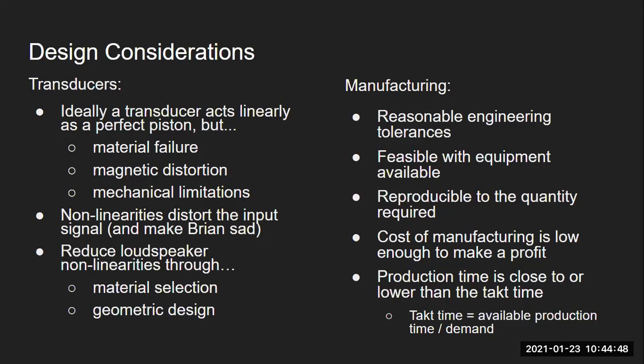That relates to takt time, if anyone here is familiar with industrial engineering: how much demand do you have, and can you produce that amount? If it takes 12 hours to make one speaker driver, it could be a really great speaker driver, but if you're charging $60 for a product, it's not feasible from a business standpoint.